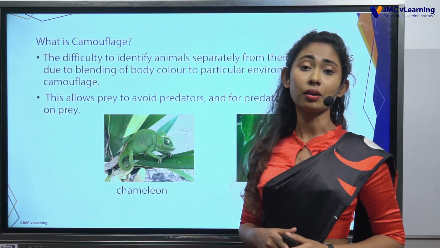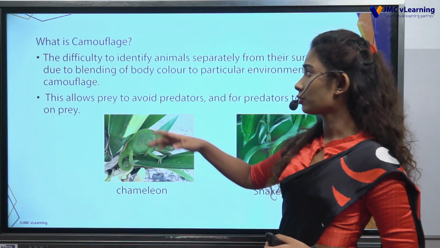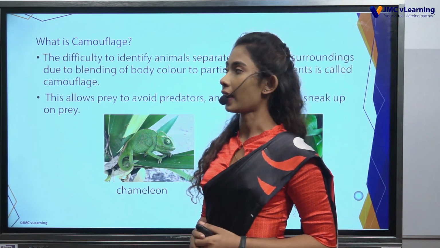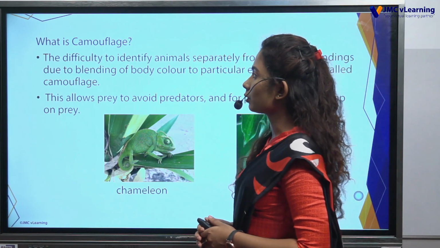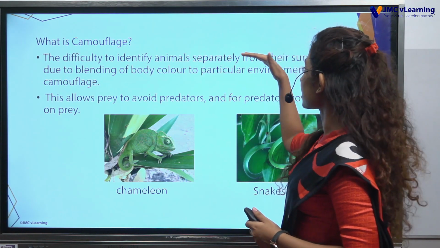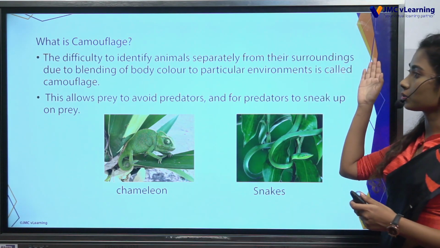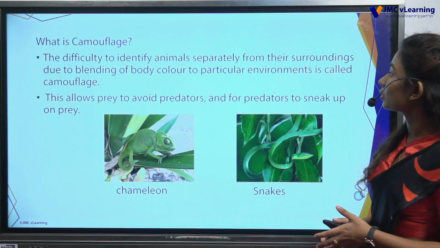When we talk about how color helps adaptation, we have to discuss camouflage. So let's consider what camouflage is. Camouflage means the difficulty of identifying animals separately from their surroundings due to the blending of body color with particular environments.